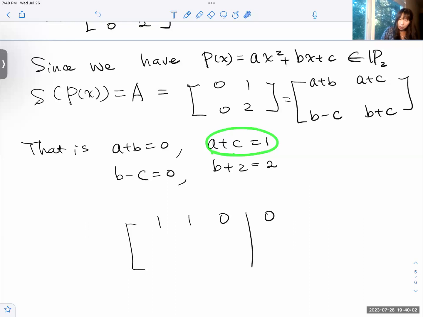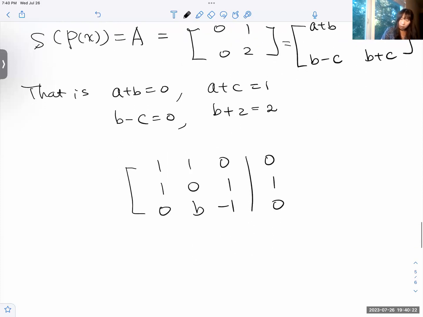Looking at the second one, a is 1, b is 0, c is 1, right side 1. Looking at the third one, a is 0, b is 1, c is negative 1, right side 0. And the last one, 0, 1, 1, 2. Please correct me if I make a mistake.